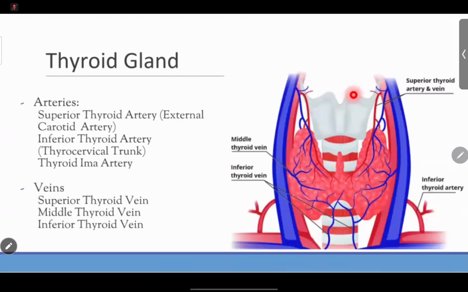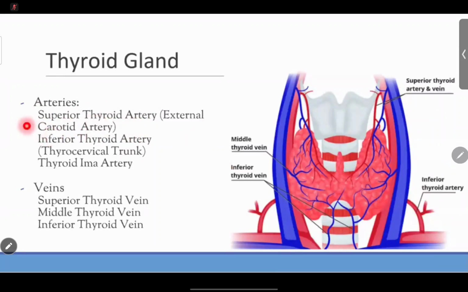So take note of the arteries. The major arterial supply is two: the superior thyroid artery and also your inferior thyroid artery. So take note of their branches, where they come from. Your superior thyroid comes from your external carotid artery.